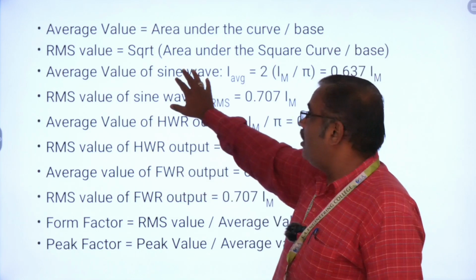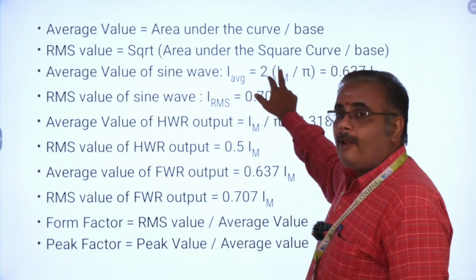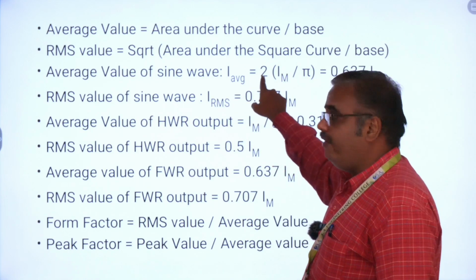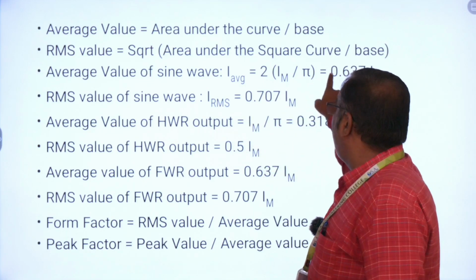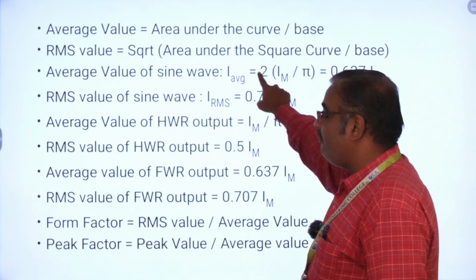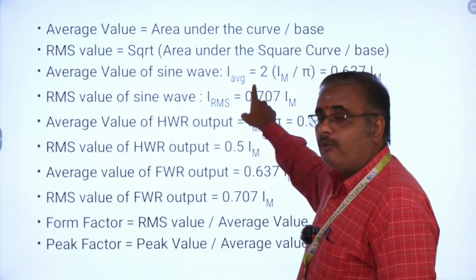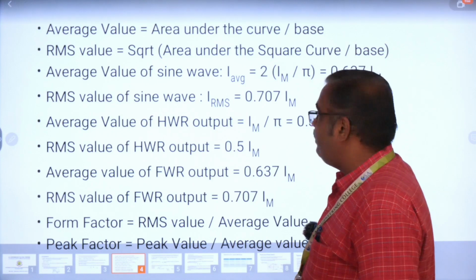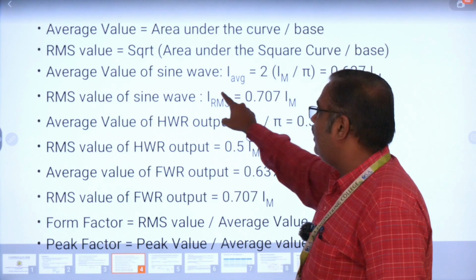For a sine wave, the average value is 2Im by pi and the RMS value is Im by root 2. 2 by pi gives 0.637 and 1 by root 2 gives 0.707. Therefore, remember 0.637 Im for the average value and 0.707 Im for the RMS value.